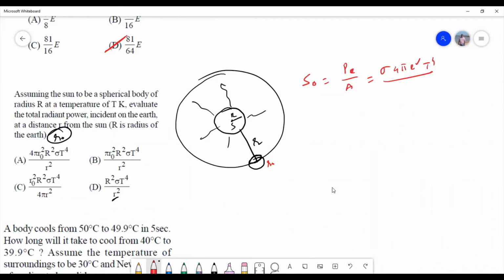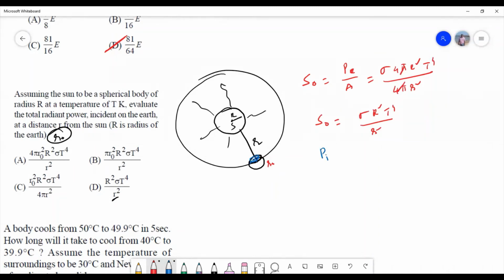But the area is the illuminated area, nothing but 4 pi small r square. So 4 pi cancel. This solar constant is nothing but sigma r square T power 4 upon r square. So here it is asking the total radiant power incident on the earth at a distance. So we need to find out how much energy is incident on this part.